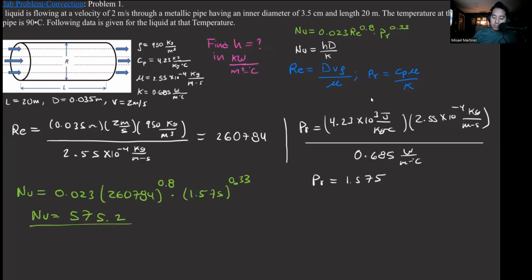Knowing this, I can find h from this definition. h equals my Nusselt number times my conductivity divided by my diameter.